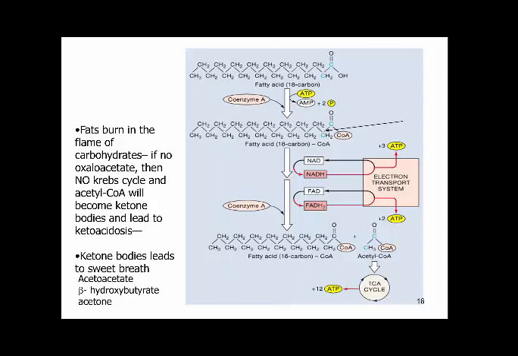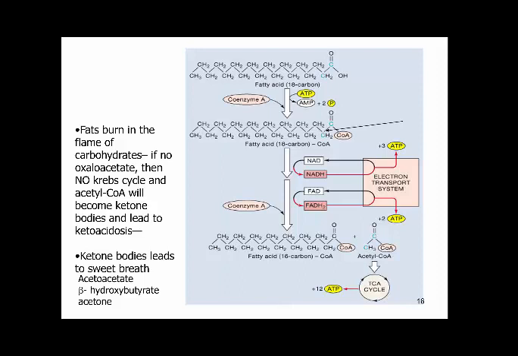Well, with alternative fuels like fats, if they cannot be burned completely through the Krebs cycle, they too will enter alternative pathways. They will generate other metabolites. And these metabolites have a generic name called ketone bodies. There are 3. There is beta-hydroxybutyrate, acetoacetic acid, and acetone. They are listed at the bottom left of this slide.